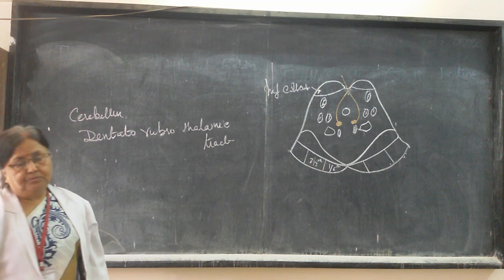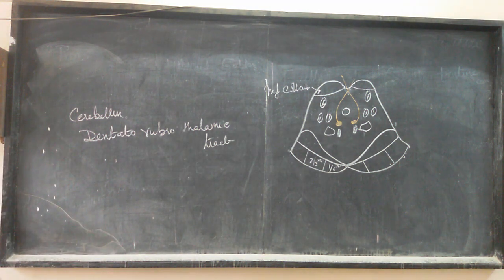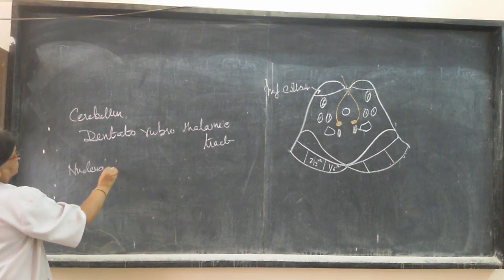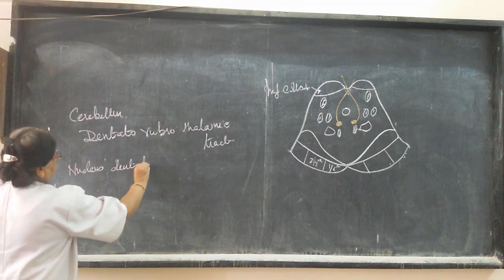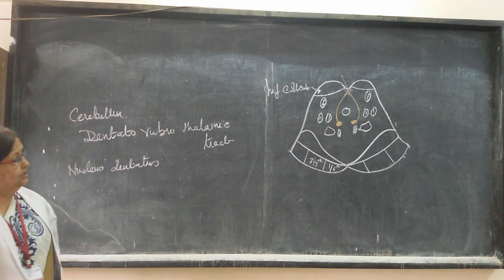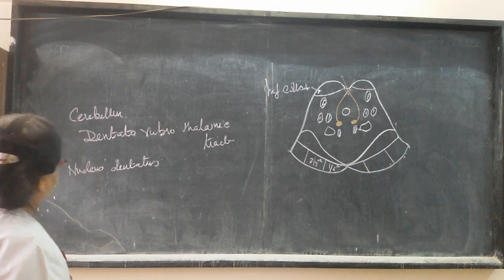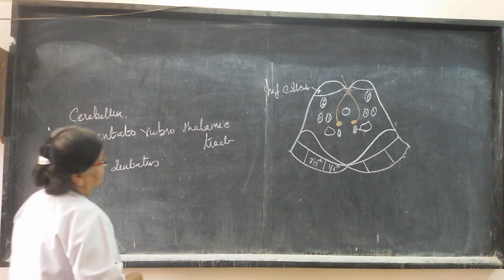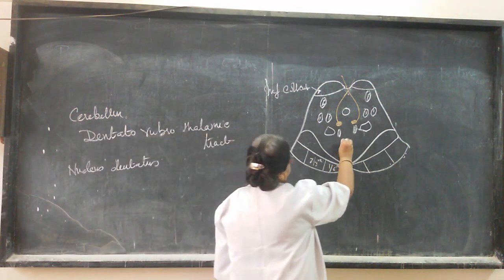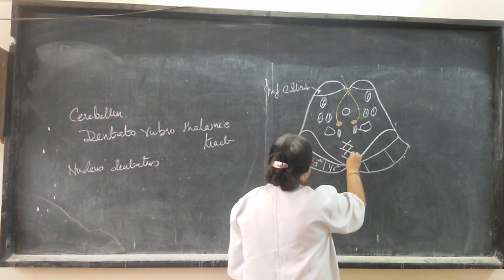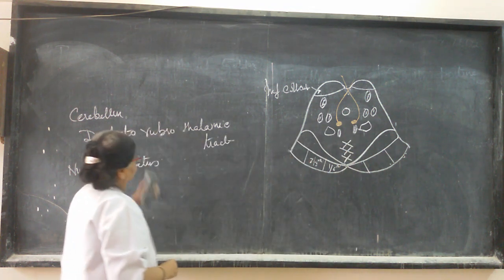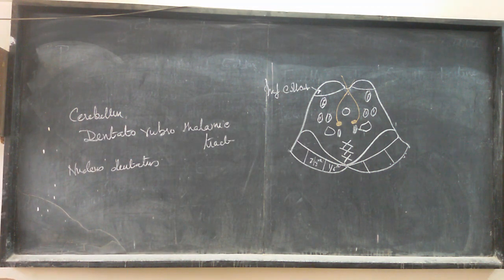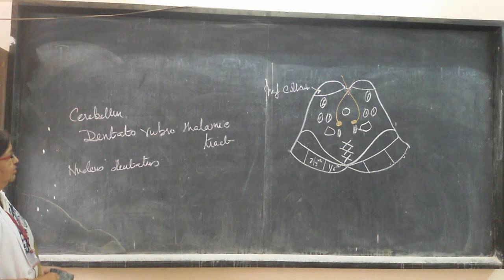The tract starts from the nucleus dentatus present in the cerebellum, enters into the midbrain through the superior cerebellar peduncle, and decussates in the median plane. This is the decussation of the fibers of the dentatorubrothalamic tract, the decussation of superior cerebellar peduncle.